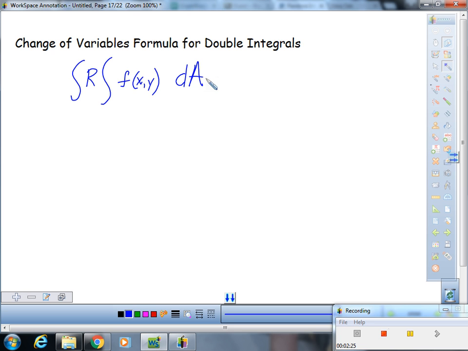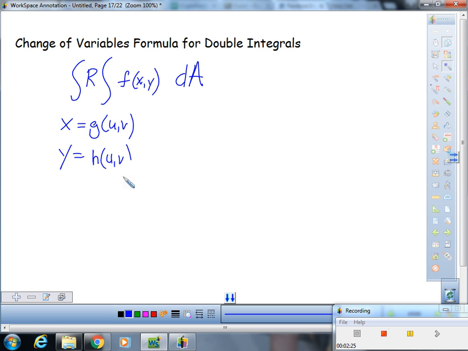However, we could express our x as some function of two other variables, and we could also express our y as a different function, but of the same two variables. I don't expect you to follow this yet, so just write it down and have open minds.